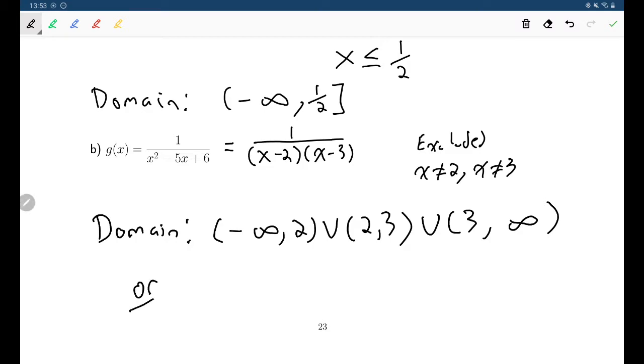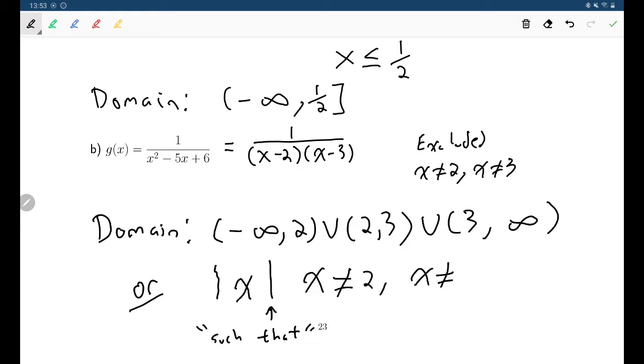Or another way that you could describe it would be by using set builder notation. We could say it would be all the x's such that, that's what this little vertical line means. This means such that, or with the property that. So our set contains all of the x's with the property that x is not 2 and also x is not 3.